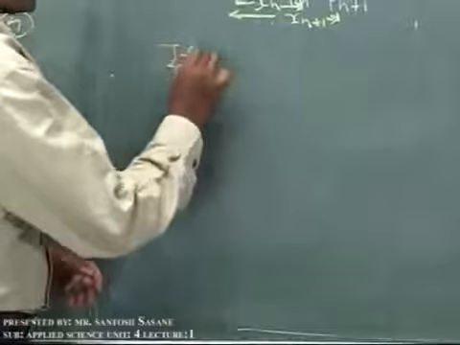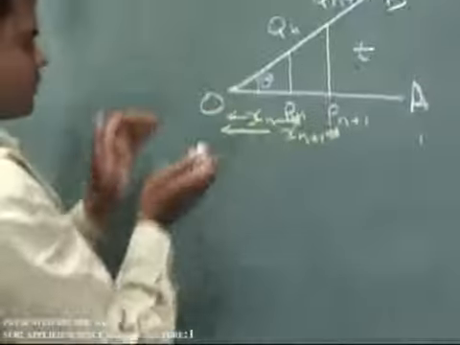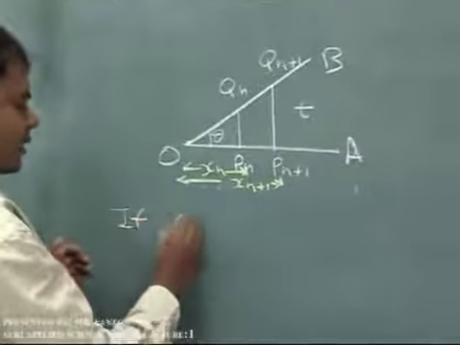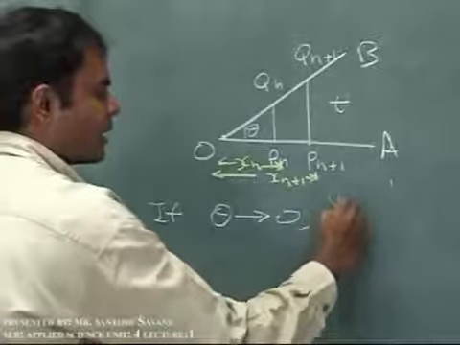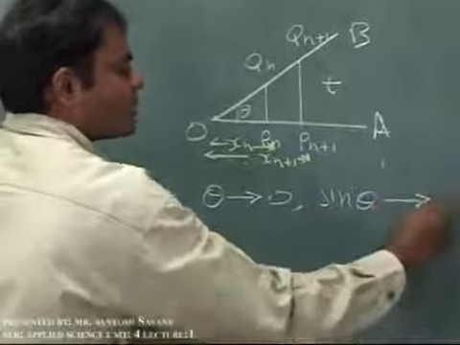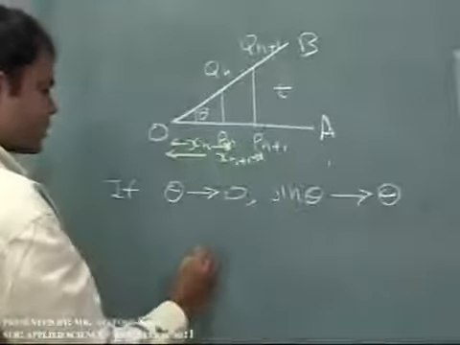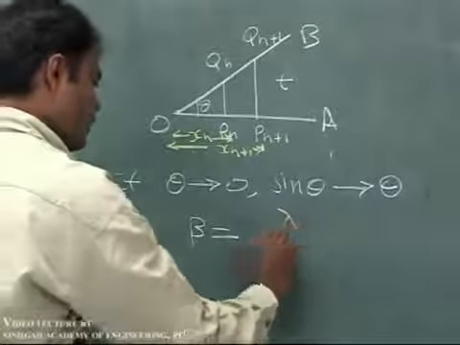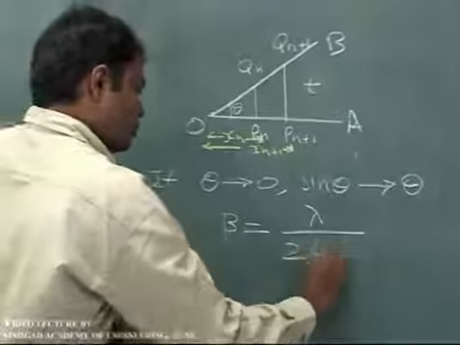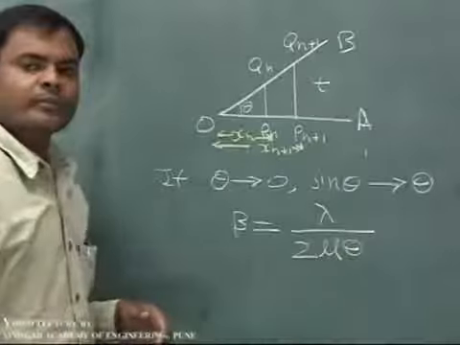If the angle θ of the wedge is very small, that is if θ tends to 0, we can write sin θ tends to θ, and therefore the expression for fringe width can be written as beta is equal to wavelength upon 2μθ.